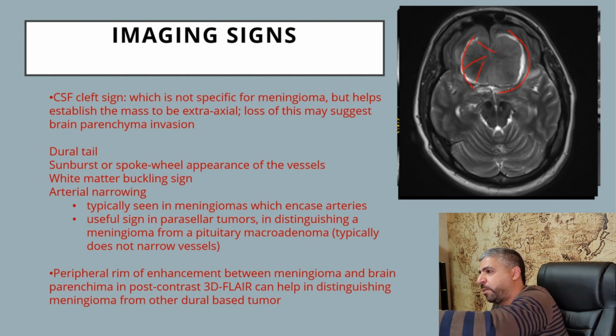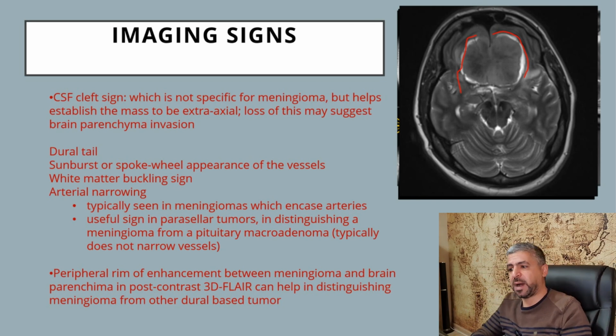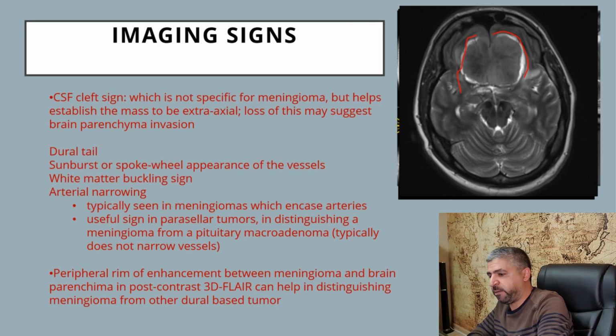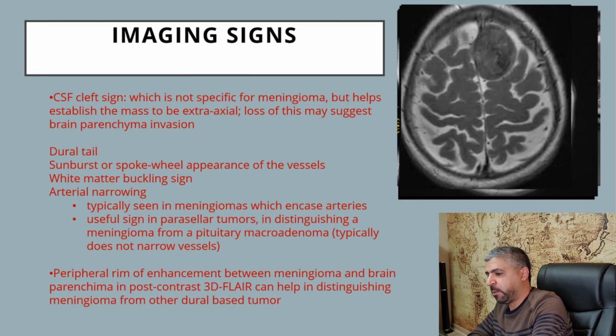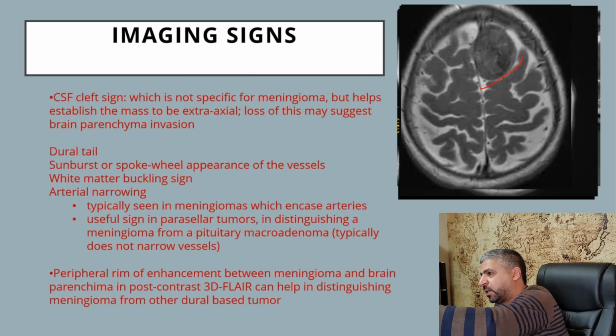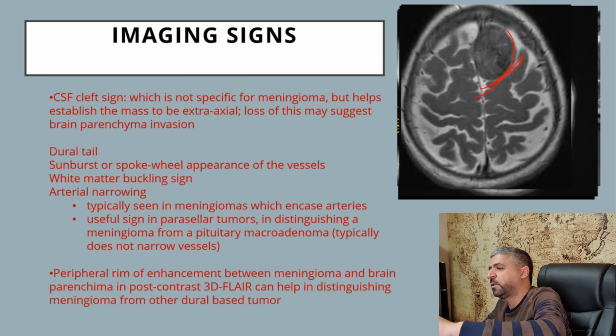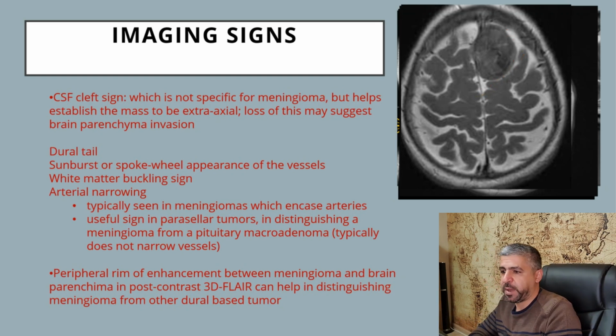You can see the sunburst or spoke wheel appearance sign. And if you look, you can see the buckling of the white matter, which is buckled or crumpled by the presence of the lesion. Another example of the white matter buckling sign: you can see the white matter with the CSF cleft here, confirming it's an extraaxial lesion, which is a meningioma.